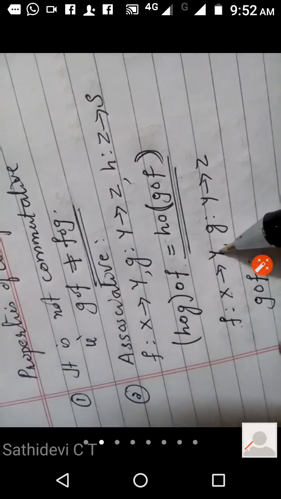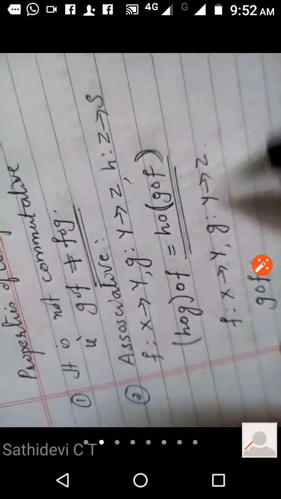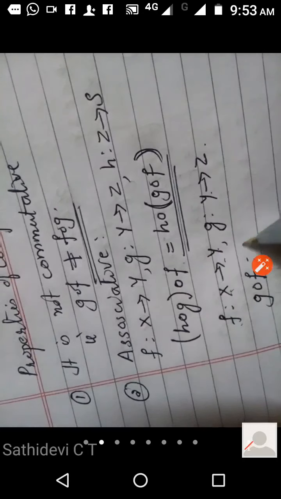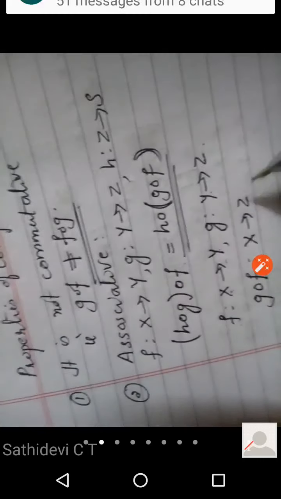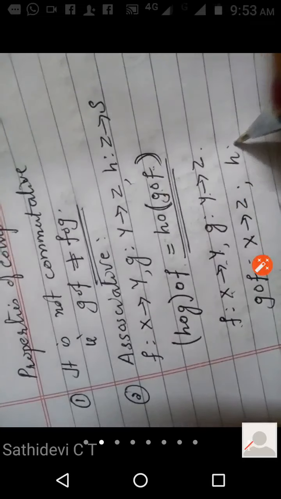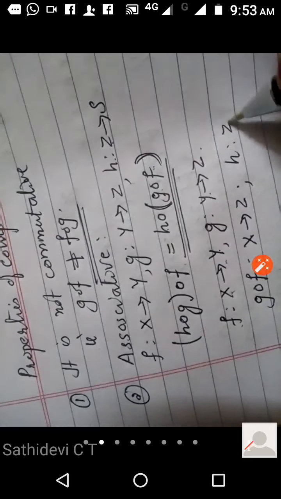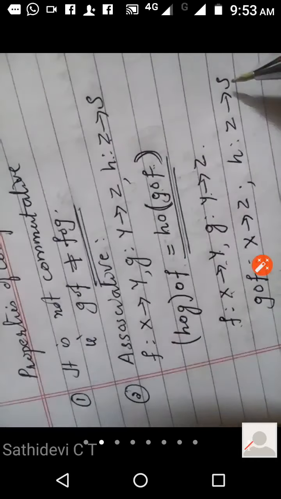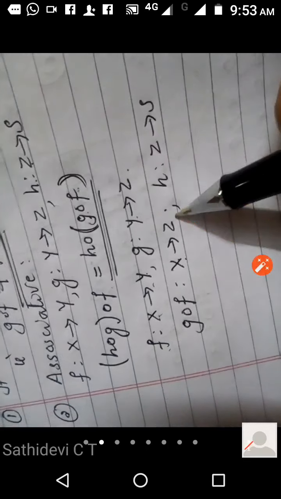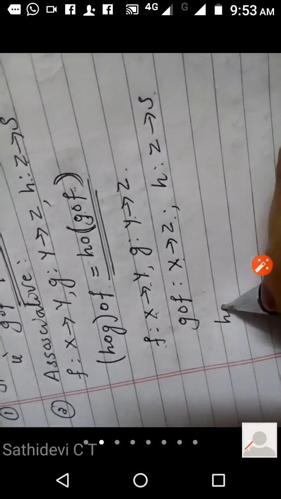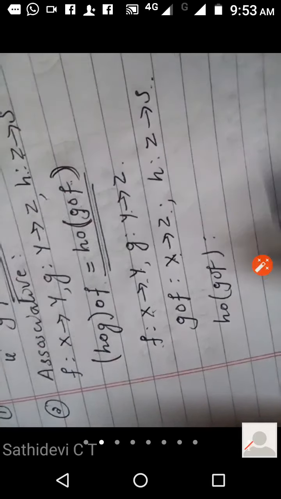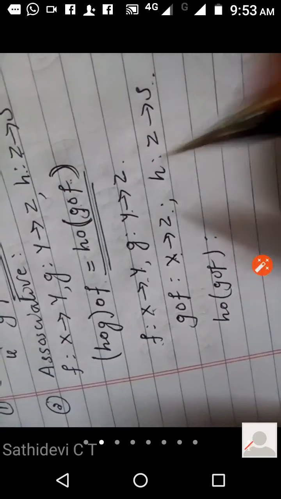F is a function from X to Y and Y to Z, so G composite F will be a function from X to Z. Now you take H. H is a function from Z to S. So X to Z, Z to S. So H composite G composite F is a function from X to S.